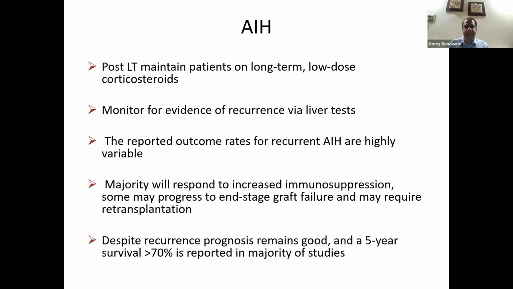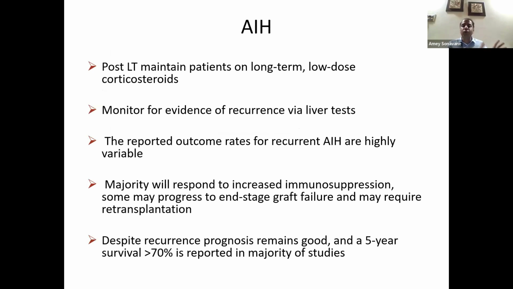predominantly, as well as Crohn's disease. Autoimmune hepatitis can come back again, or some patients may have a de novo autoimmune hepatitis, and the way to diagnose this is by doing a liver biopsy. And if a patient develops post-transplantation de novo or recurrent autoimmune hepatitis, their long-term survival is not that bad. It's almost more than 70% at 5 years.